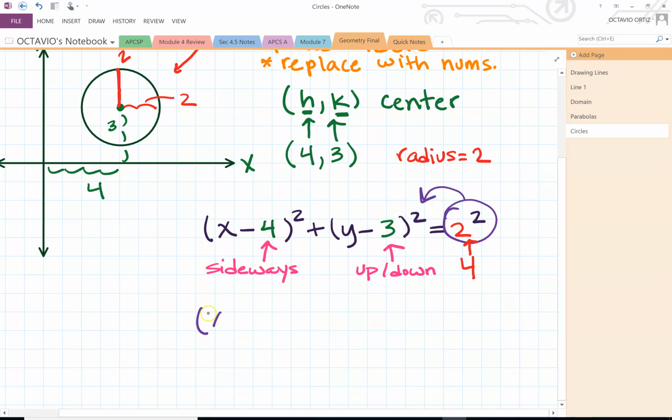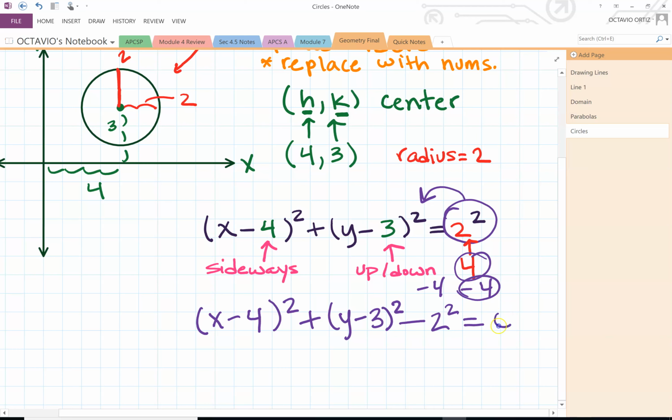So if I have x minus 4 squared plus y minus 3 squared, and then I subtract 4 from both sides, minus 4 minus 4. Then I would put here minus, but instead of putting 4, I'm going to put 2 squared, equals, and then 4 minus 4 is equal to 0. And so you've effectively changed how the equation looks a little bit, but you have not changed what it does. It still graphs the same circle.